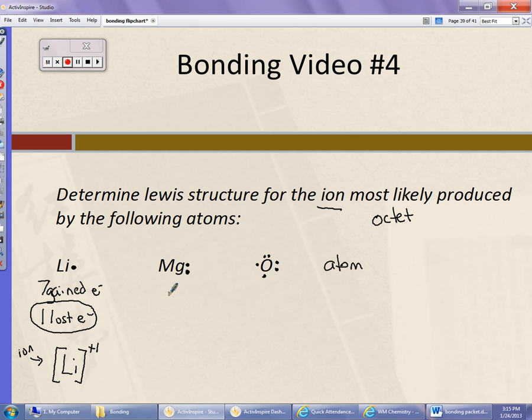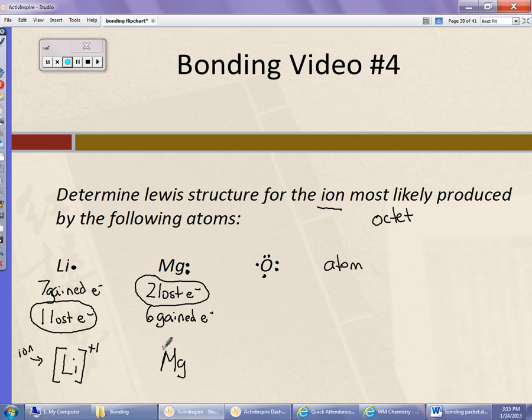Magnesium, same idea. He has 2 electrons on the outside. He could lose those 2 electrons, or he could gain 6. Two is less than 6, so he's going to lose 2. When he's done, the 2 electrons are lost.